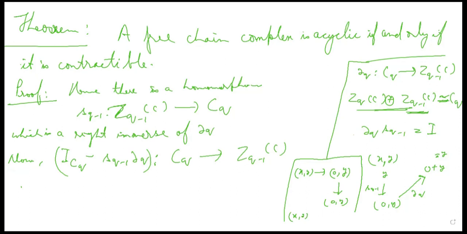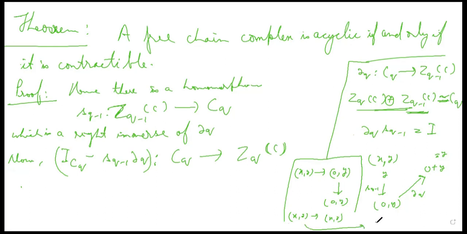Yes, this is actually Z_q(C), because you see that one map, this goes to this goes to this, and I_{C_q} is just (x, y) goes to (x, y). So when you subtract, (x, y) goes to this minus this.